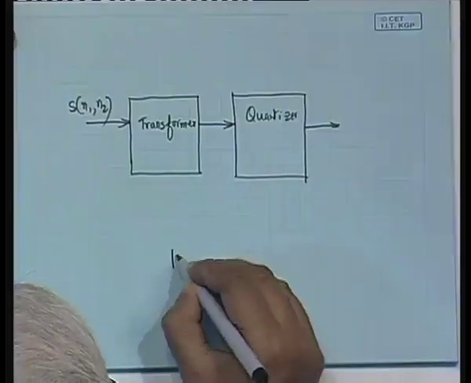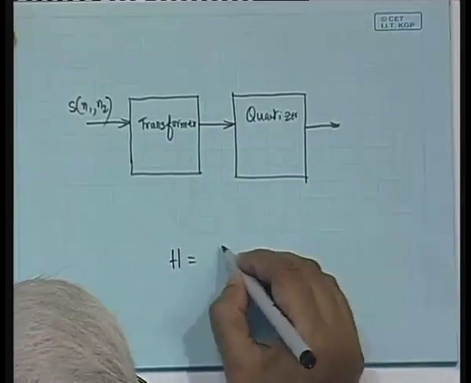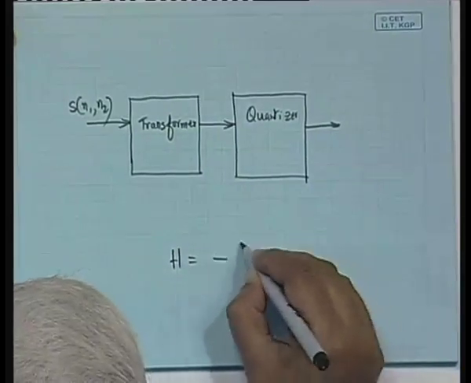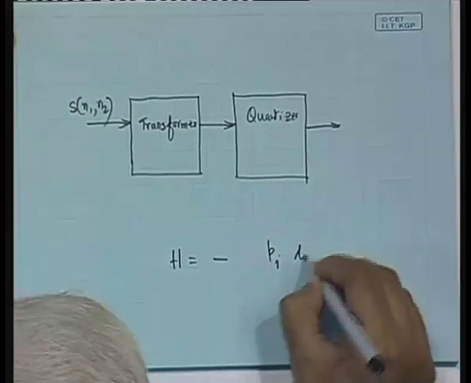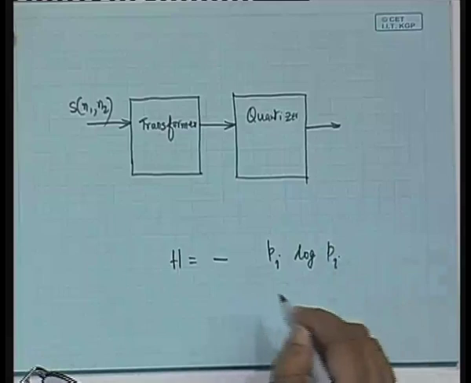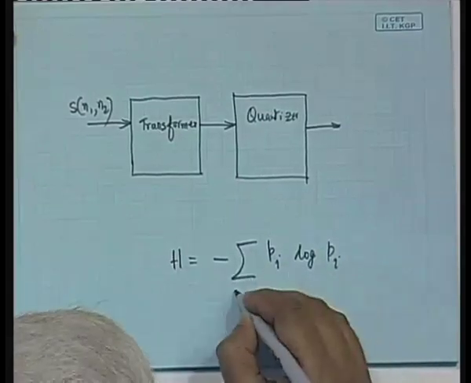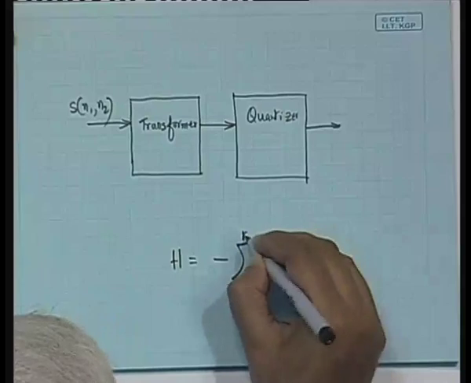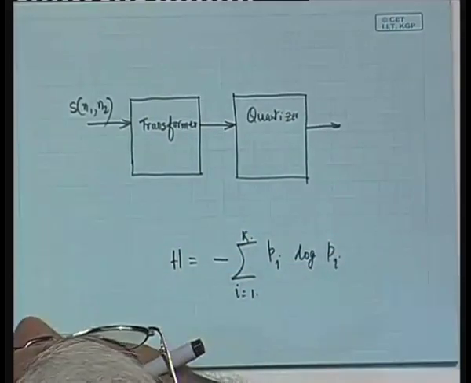Every symbol at the quantizer output will be associated with some probability of occurrence, and based on that probability we can compute the entropy. What is the entropy expression? The entropy is H equal to minus the sum of p_i log p_i, summed for i equal to 1 to k, if you have to transmit k number of symbols.